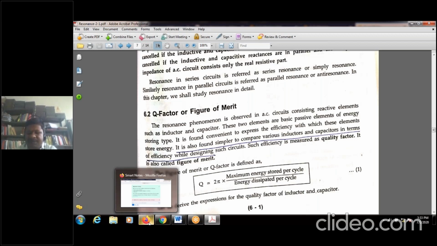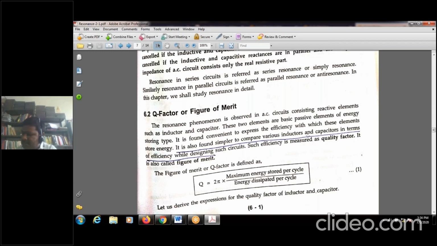Based on the Q value, you can easily estimate the efficiency of a capacitor or inductor. It is also simple to compare various inductors and capacitors in terms of efficiency while designing resonance circuits. Such efficiency is measured as the quality factor, otherwise called the figure of merit.